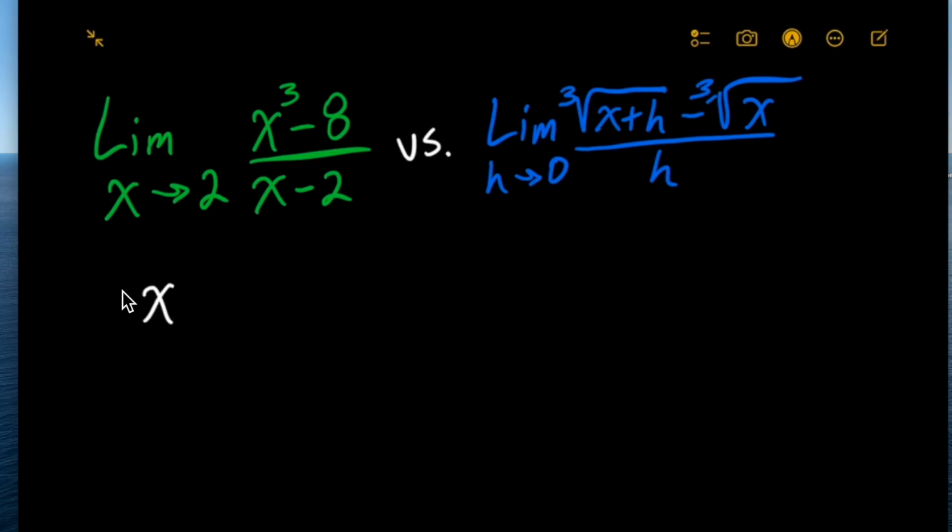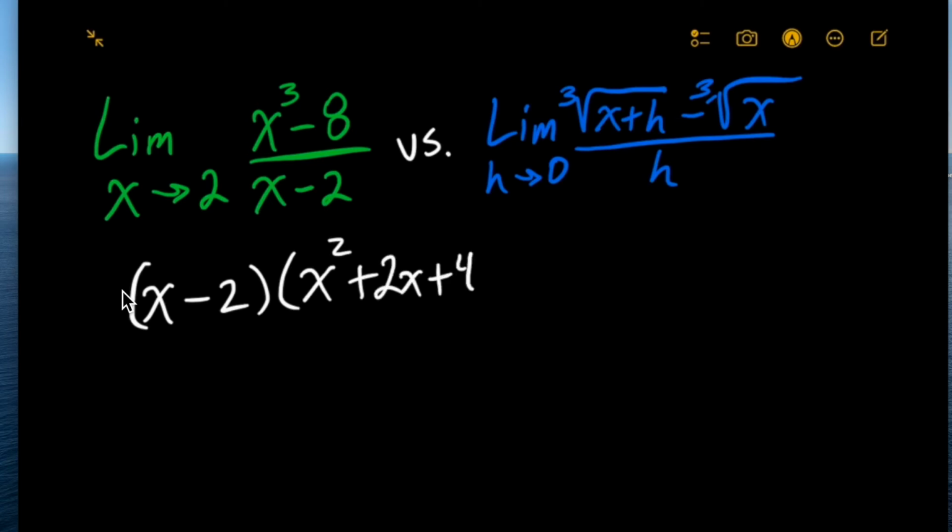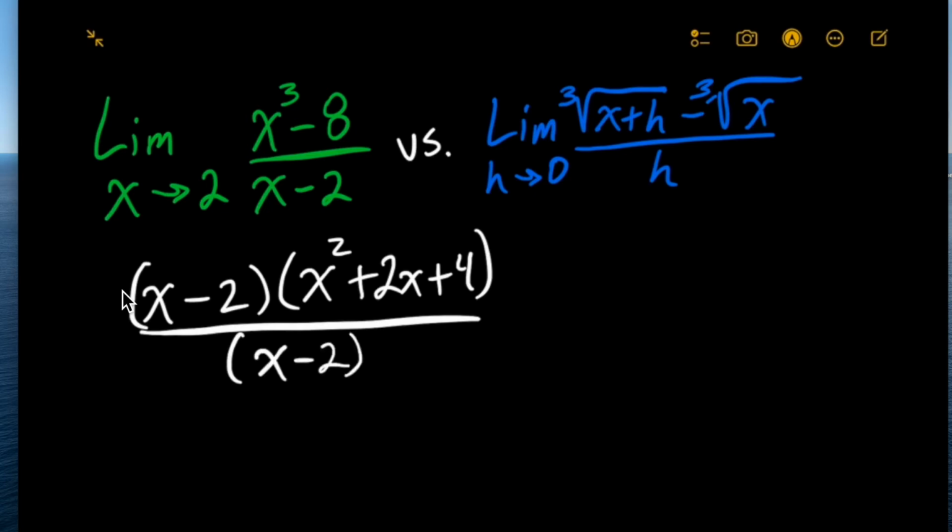That's going to be our setup times our trinomial. Lo and behold, we can cross out the x minus 2. This now is amenable to plugging in. This becomes 4 plus 4 plus 4, and your limit is going to be 12.